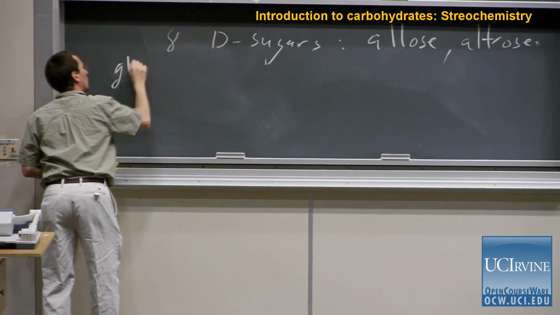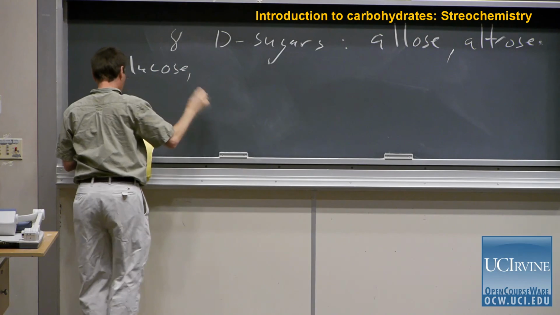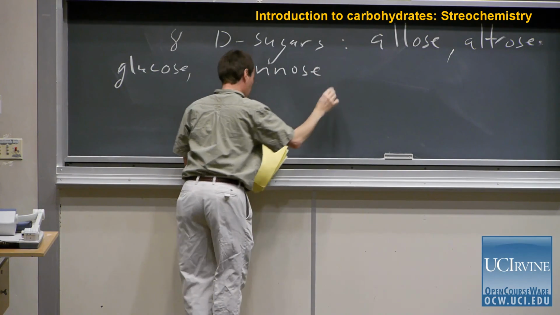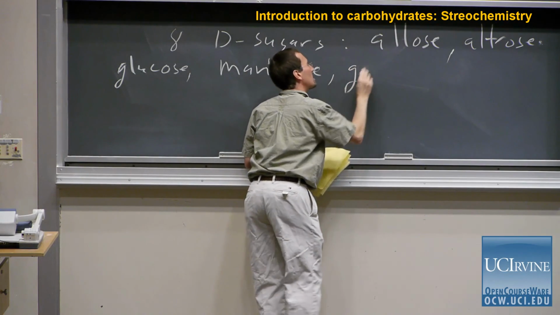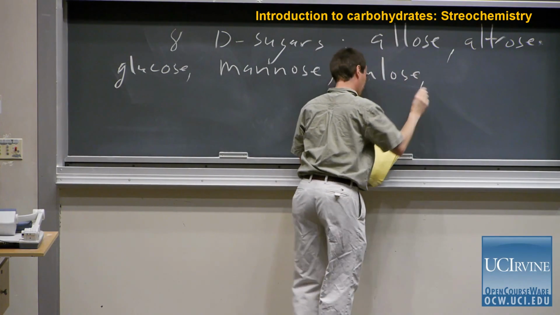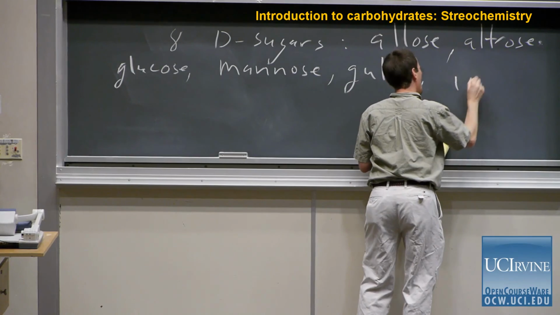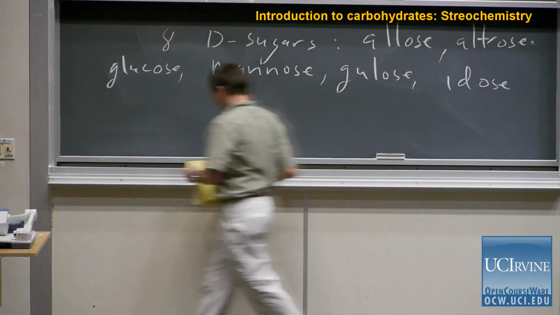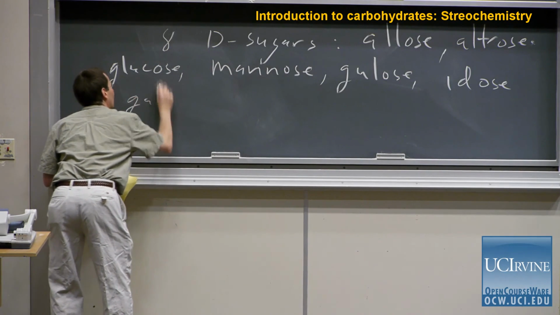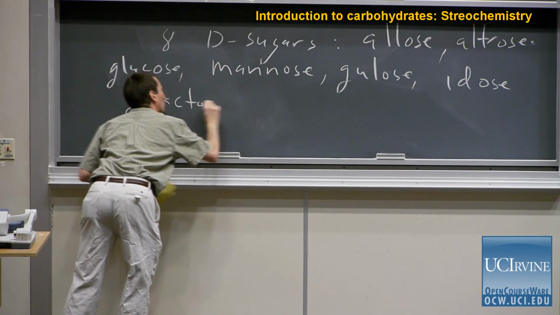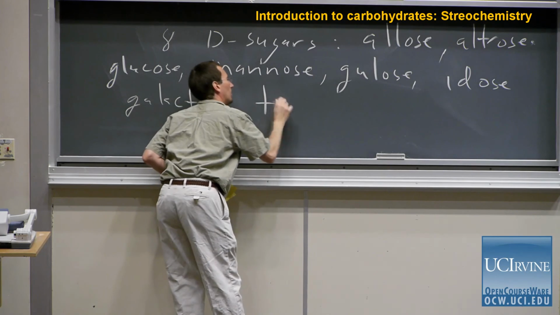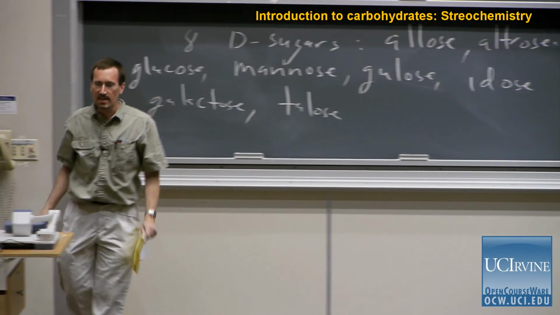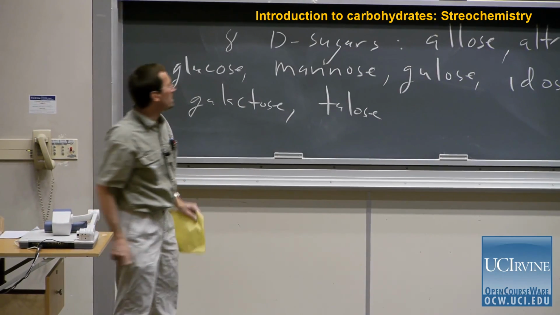Glucose, mannose, idose, galactose, and talose. So these are the 8 diastereomeric D sugars.